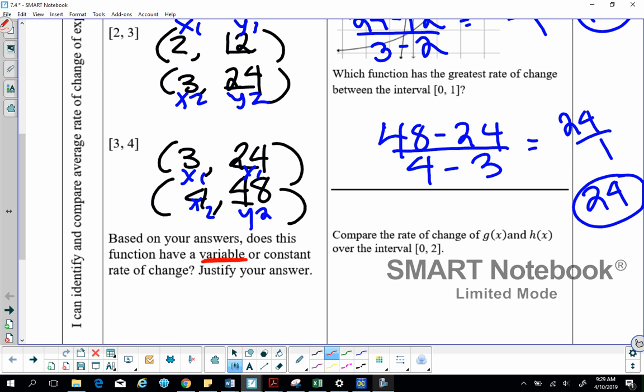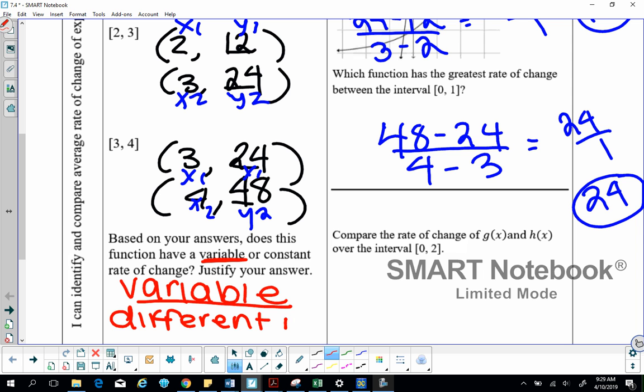Constant means it's going to be the same. Variable means change, right? So I have a variable rate of change because it's different each interval, depending on the interval. Make sure you write that down.